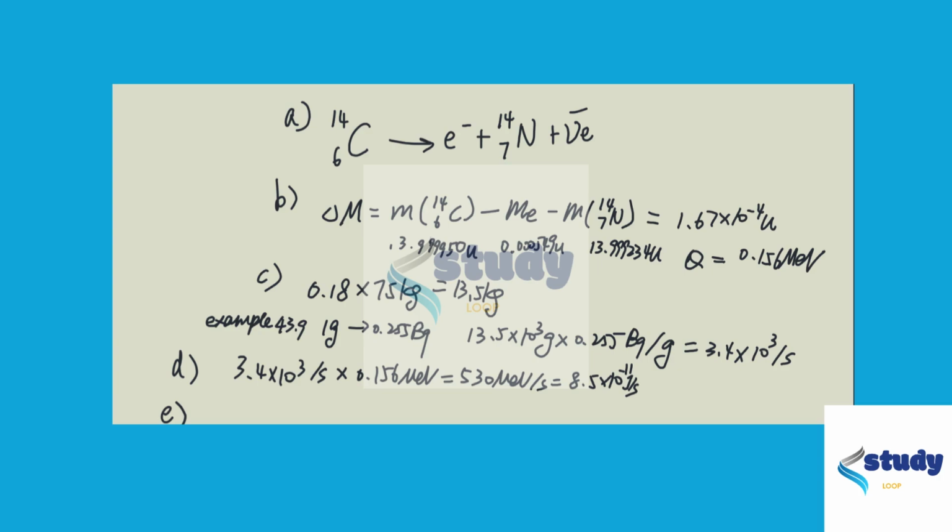So the last question is what is the amount of energy absorbed, and it wants us to find the amount of energy that one person absorbs from himself. So we can find this because we know this is the amount of energy per second.